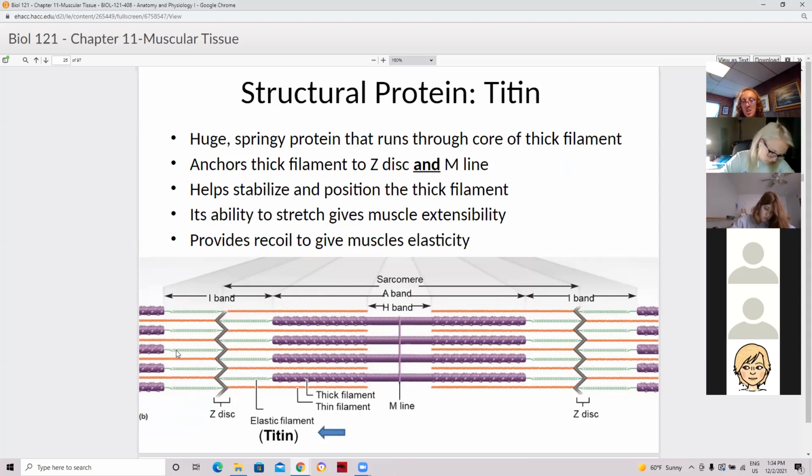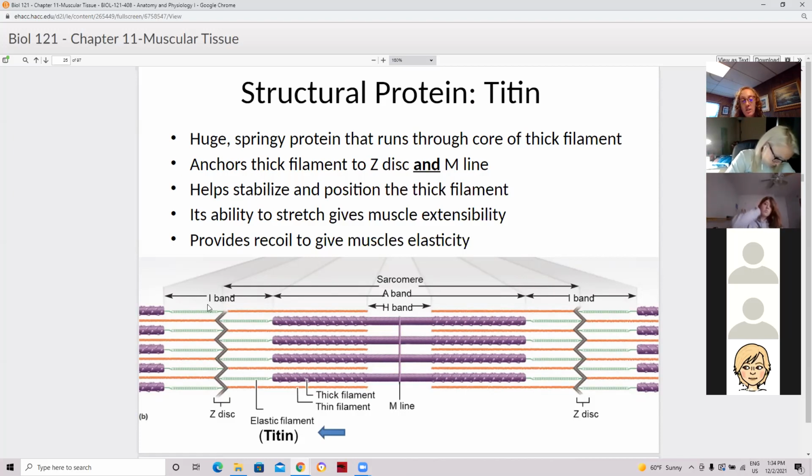I-bands are just actin, and they stain light. They're light in color. A-bands are dark. One way that I had a student bring up one time, it works as a mnemonic for remembering.